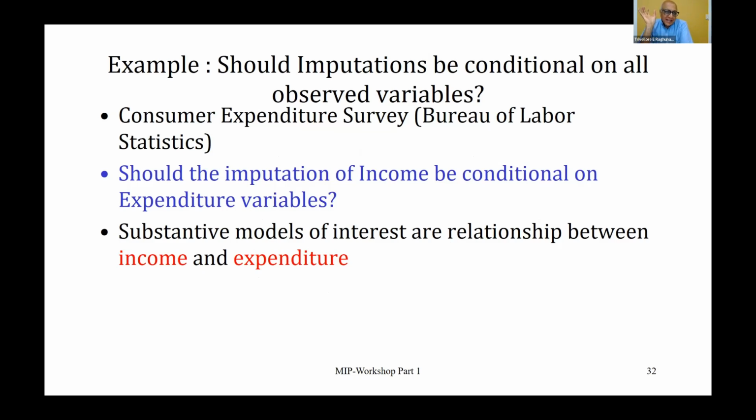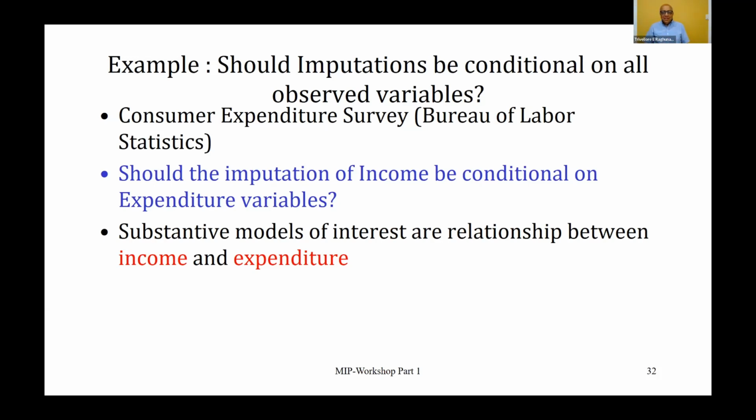Now, in regression analysis, people get hung up on this dependent and independent variable. Let me take an example in the context of the Consumer Expenditure Survey, which is conducted by the Bureau of Labor Statistics. They have a lot of missing values in income, but very little missing values on expenditure.